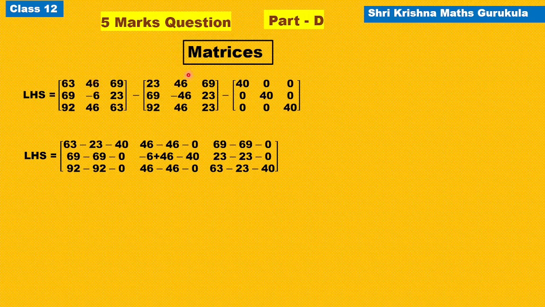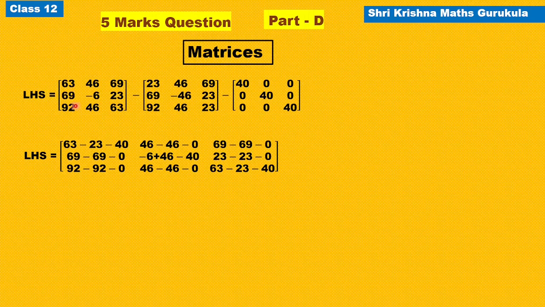Now consider the second terms. It is 46 minus 46 minus 0. Correct? Yes. Now it is 69 minus 69 minus 0. It is so. Now you can see that only diagonal elements have this 40 as the term here. For all other terms, for the third matrix, it will be 0 only. Look at this: 0, 0, 0, 0, 0, 0. Clear? Yes.